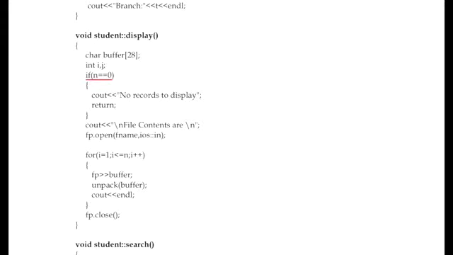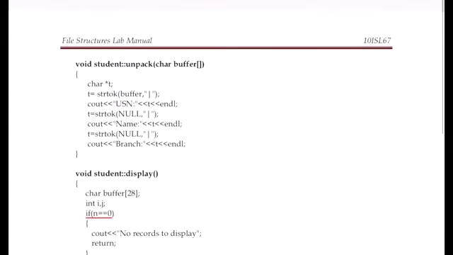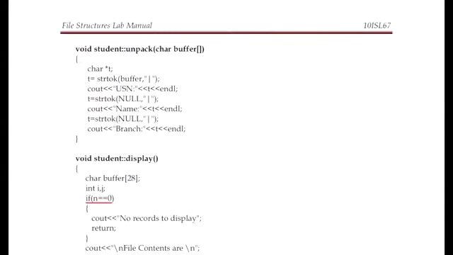Next, to display the contents, it will call a for loop. First the contents of the file will be stored to the buffer, and we call the unpack function. The unpack function is to separate the fields of a single record and display. Coming to the unpack function, first it will separate the fields by using the string token function.